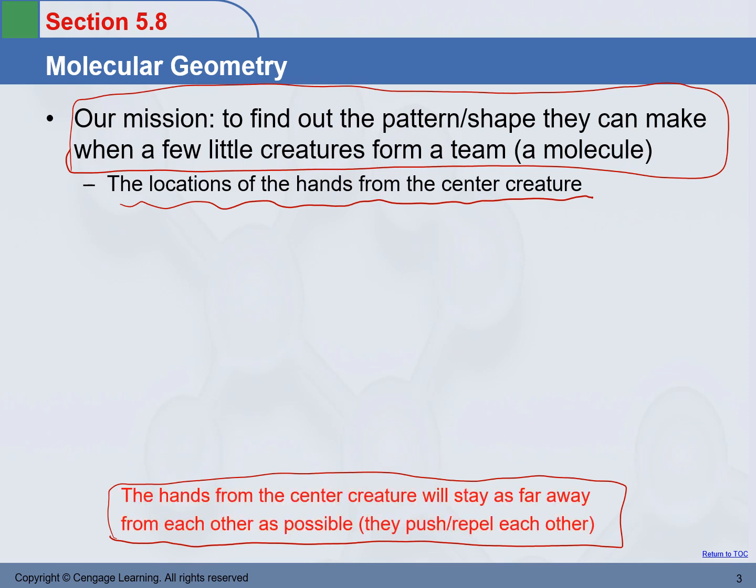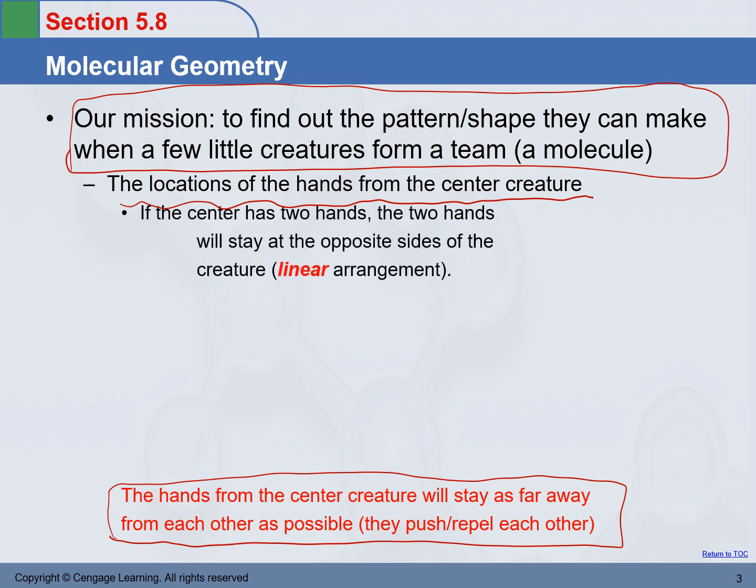Okay, now let's look at the situations. If the center creature has two hands, then the two hands will stay at the opposite sides of the creature. That's the farthest away they can stay. Make sense to you?